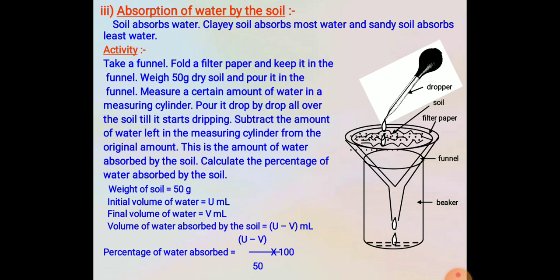The funnel is kept over a beaker. Now if we pour a measured amount of water into the soil, we will find that the water starts dripping out from the soil and gets collected in the beaker.